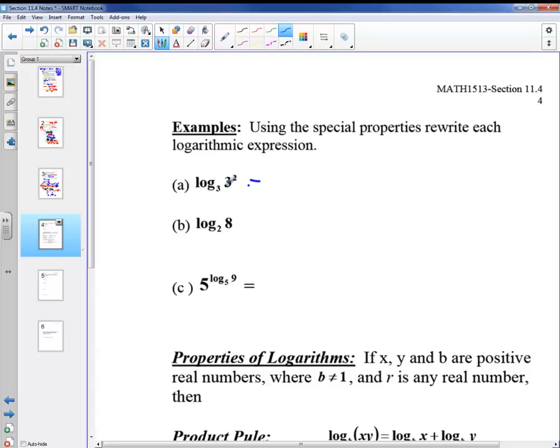It will be exactly equal to the exponent. This one, log base 2 of 8, you have to change the 8 so that we use a common base of 2. 8 is 2 to the third, so now you have log base 2 of 2 to the third, so it gives you just the exponent. And this one is like the one we had before. Notice you have a base of 5, log base 5, so everything cancels out except for the 9.